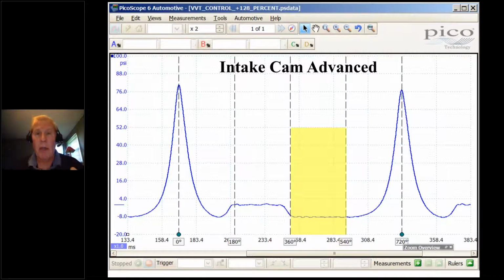So generally speaking, all things being equal, anytime you advance an intake cam, you expect to see an increase in peak pressures. That's why we saw it here. The other reason would be a change in pressure in the manifold, going from 20 inches of vacuum to 0 inches of vacuum. I'll talk more about that when I come to an appropriate example, but those are the two variables that we see in diagnostics that will affect that pressure point.